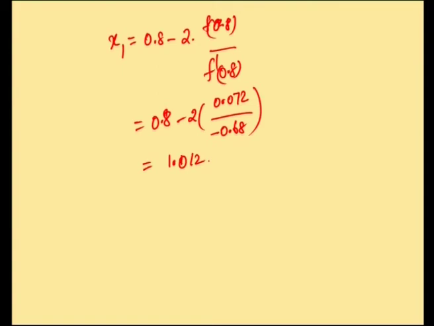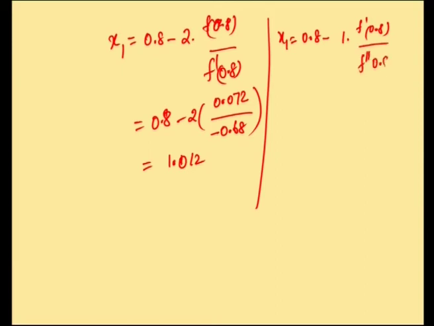And x1 is equal to 0.8 minus 1 into f dash of 0.8 divided by f double dash of 0.8. So 0.8 minus 0.68 divided by 2.8 is equal to 1.043.